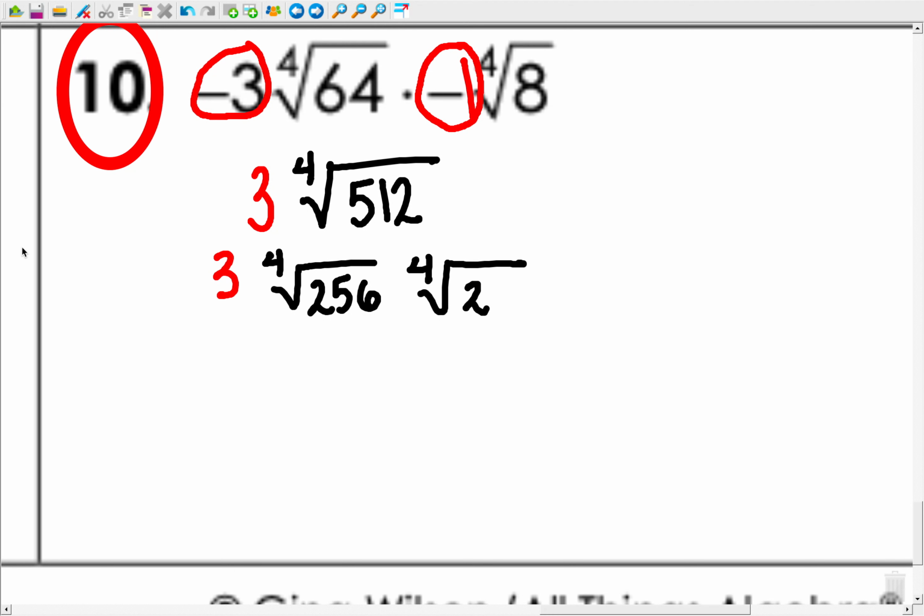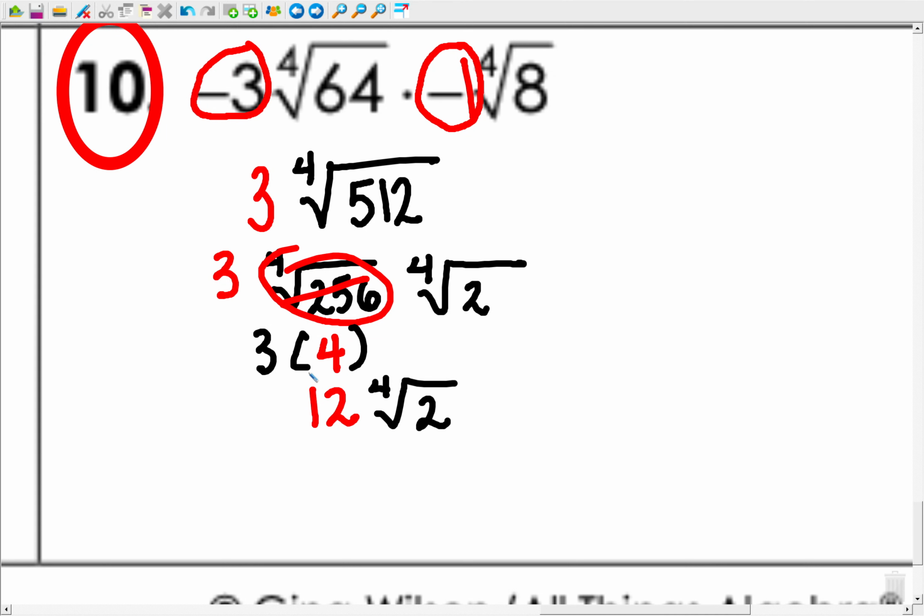And now the 256 will become 4, since the fourth root of 256 is 4. And then I've got to multiply this times the 3, and that's going to give me 12. But then, y'all, we just bring this portion down. And we are done.